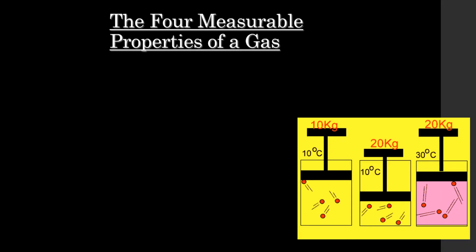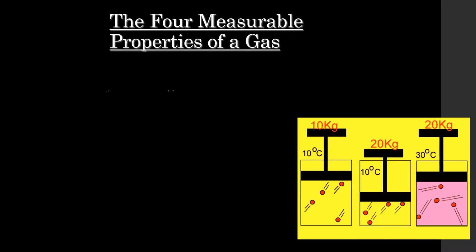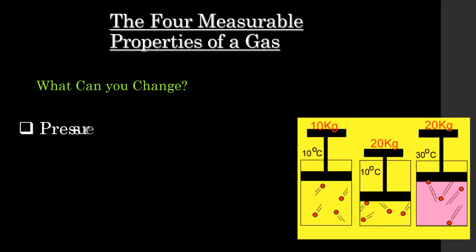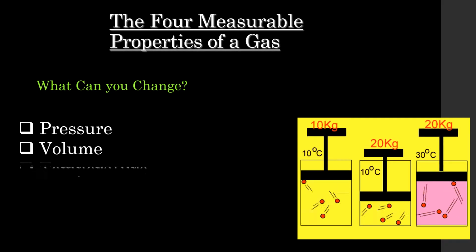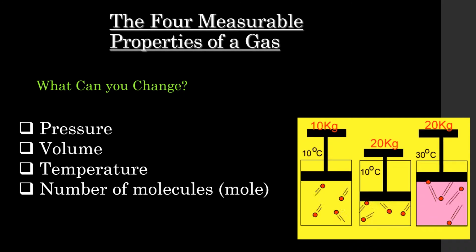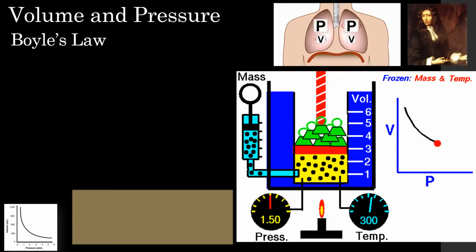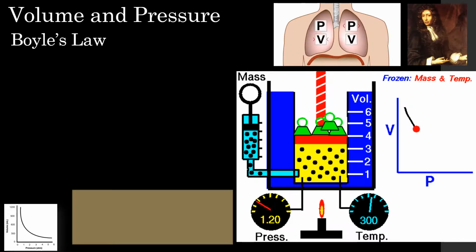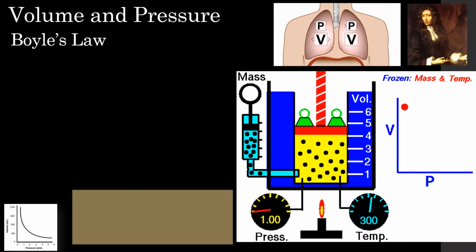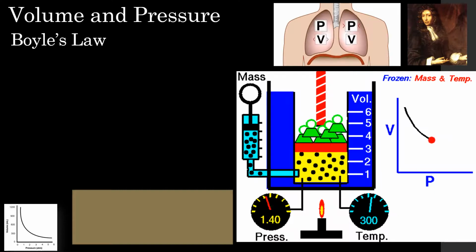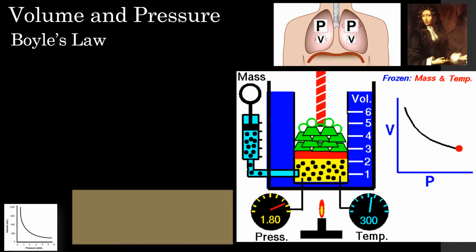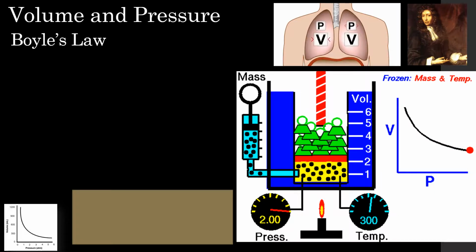So if we want to look at properties of gases, there are four measurable quantities that we can influence: the pressure, the volume, the temperature, and the number of molecules. The first relationship we can look at is Boyle's law, and as you can see here, it's named after Robert Boyle, and as the pressure increased, the volume decreased.